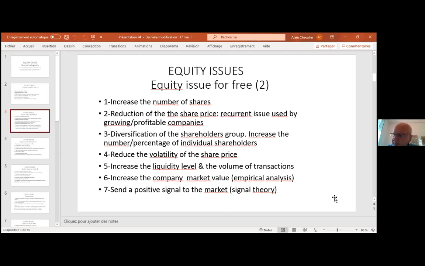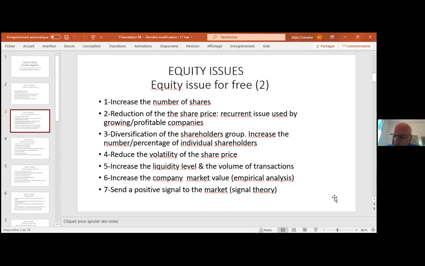And you understand that when you issue new shares, you increase the liquidity, you diversify your shareholder group, you reduce the volatility, and at the end, you increase the market value of a firm.